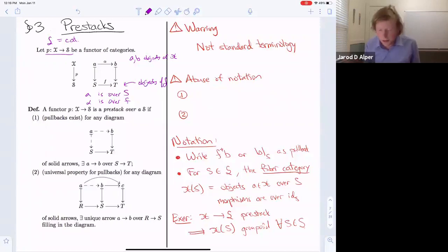Now a definition of a prestack is really two conditions. One, that pullbacks exist, meaning that if you have a morphism from S to T and an object B over T, then there exists a map A to B over S to T. And these pullbacks need to satisfy a universal property. It's sort of like a fiber product, but a little more general since we're over an arbitrary base.